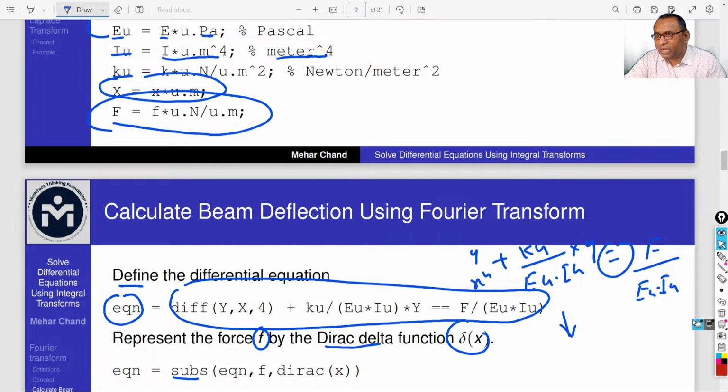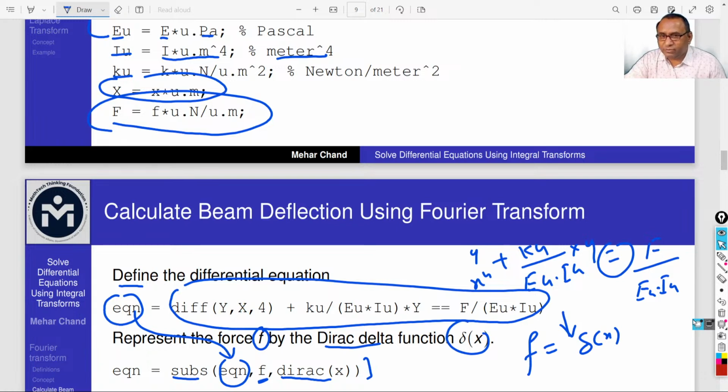Here we want to pass the value F is equal to delta X. So this is the equation, and F is being replaced by delta X, using Dirac X. So F has been replaced by using this equation.